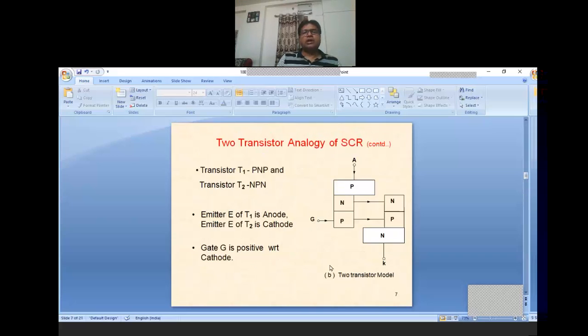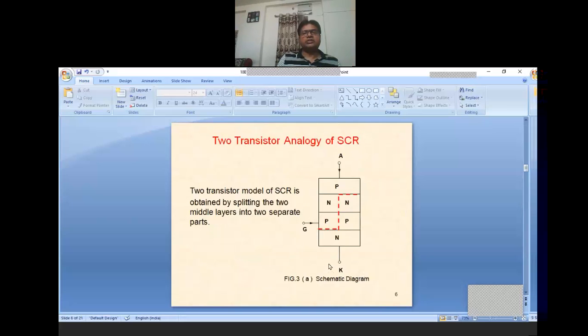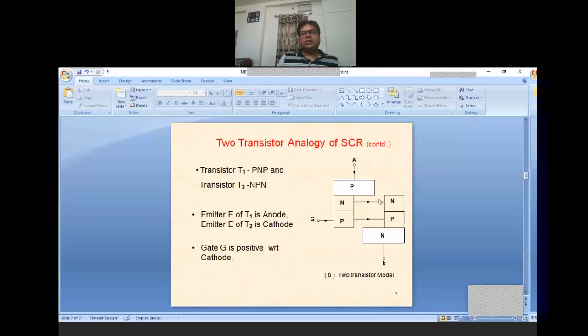So that is all about the two transistor analogy of SCR, where we can imagine that the inner N and P layers are split into two different halves and connected together as shown.